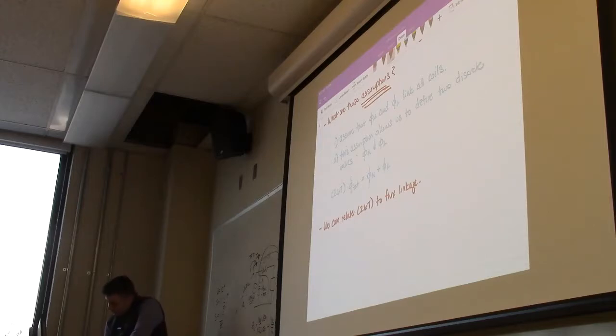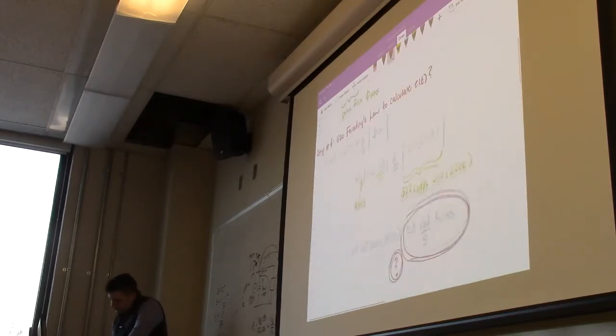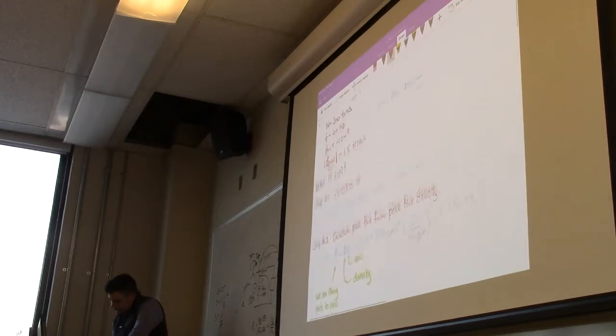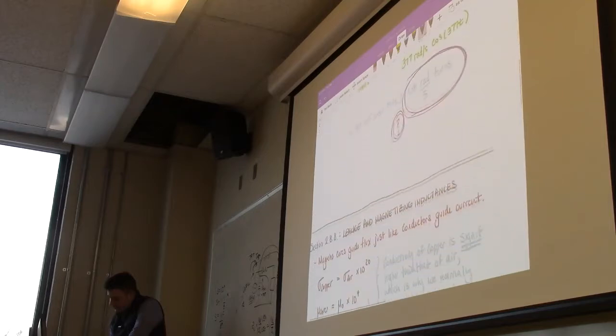So we know that flux linkage, this should be peak field intensity, not peak flux density. I gotta fix that.